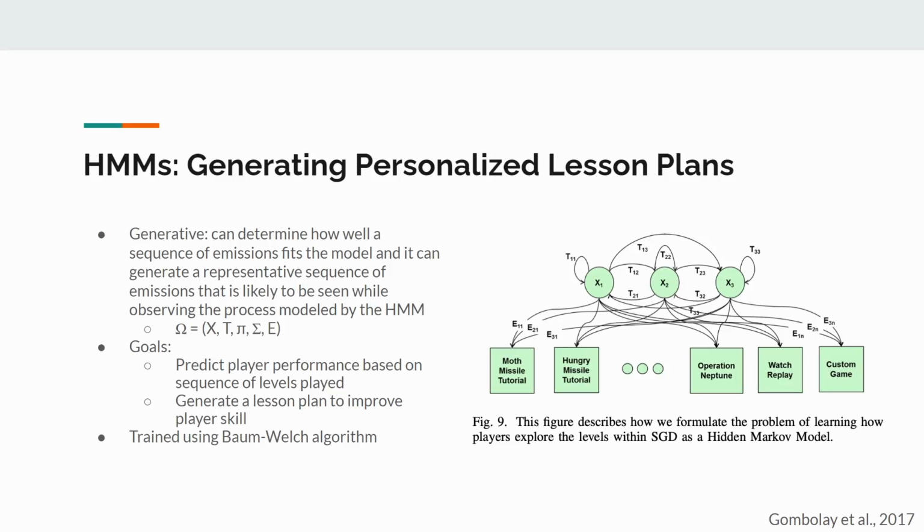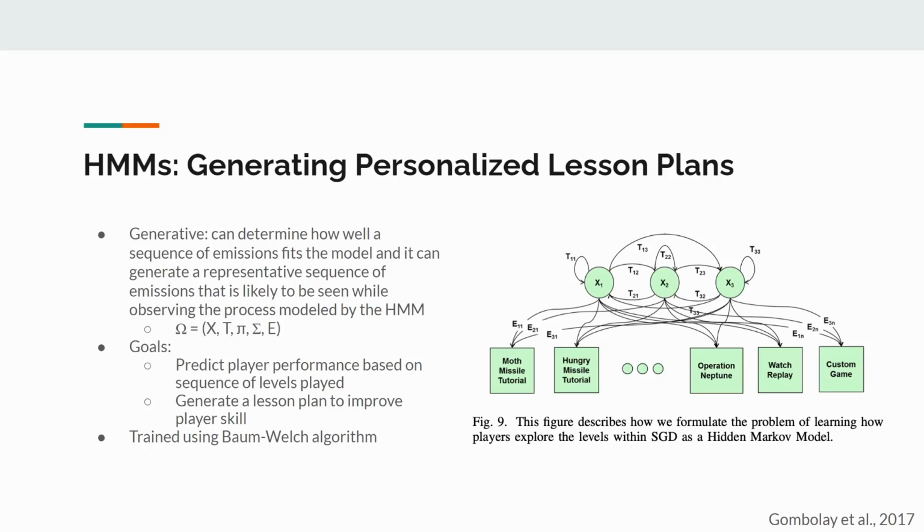We can define an HMM, which is a 5-tuple omega consisting of X, T, pi, sigma, and E, where X is the set of hidden states, T is the transition probabilities between the hidden states, pi is the prior, or rather the initial belief state, sigma is the set of potential emissions, and E is the emission probabilities.